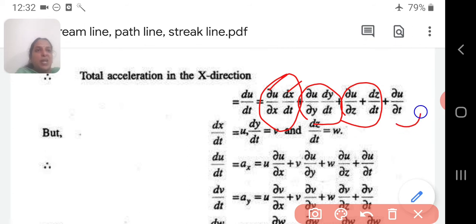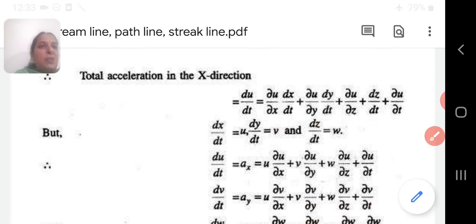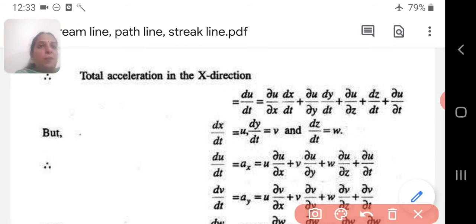As well as we have the rate of change of velocity with respect to time in the case of the x direction. Okay, so here we know that dx/dt is equal to u, dy/dt is equal to v and dz/dt is equal to w. What is that? It is a velocity. What is velocity?